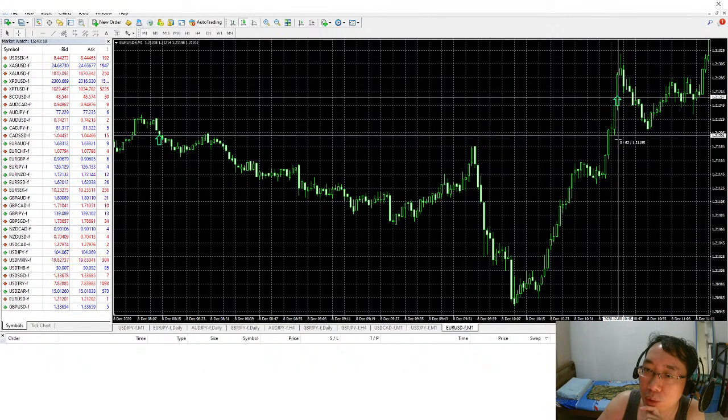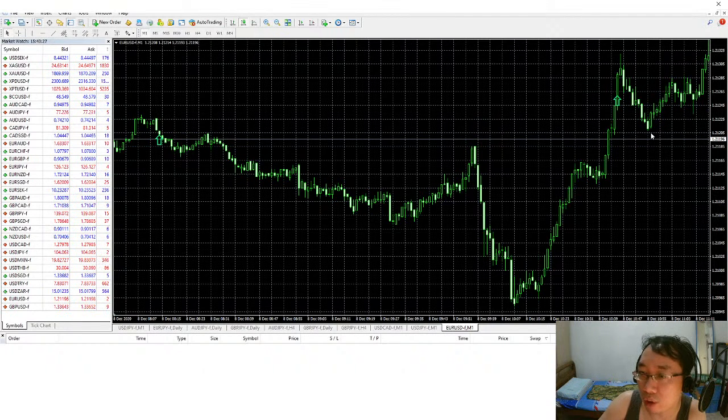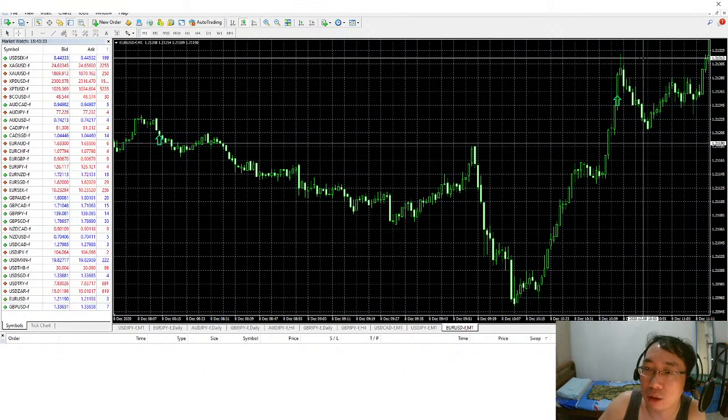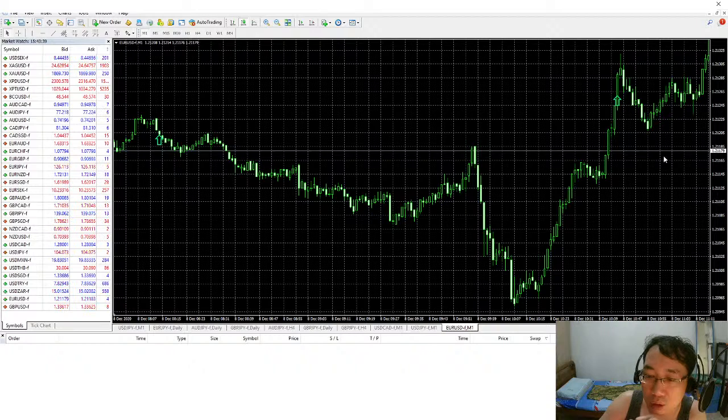I probably would have put my stop loss around here, so it wouldn't have stopped out my trade, and eventually it would have taken profit. So this is one trade which I could have let ride out, but I needed to adjust the take profit to the most recent resistance zone.